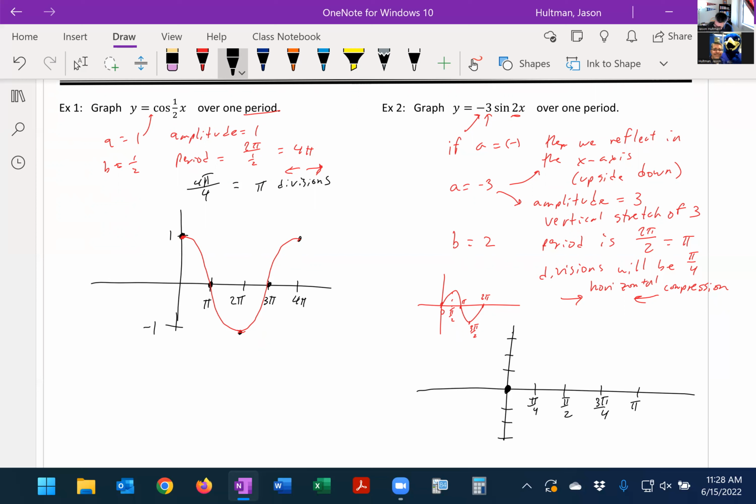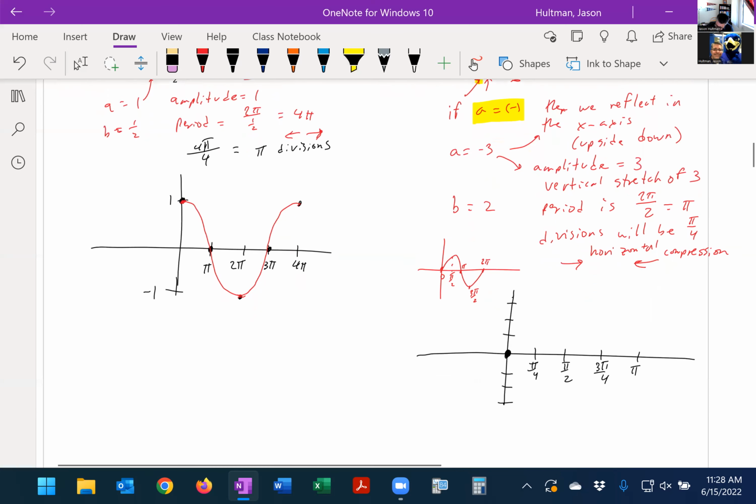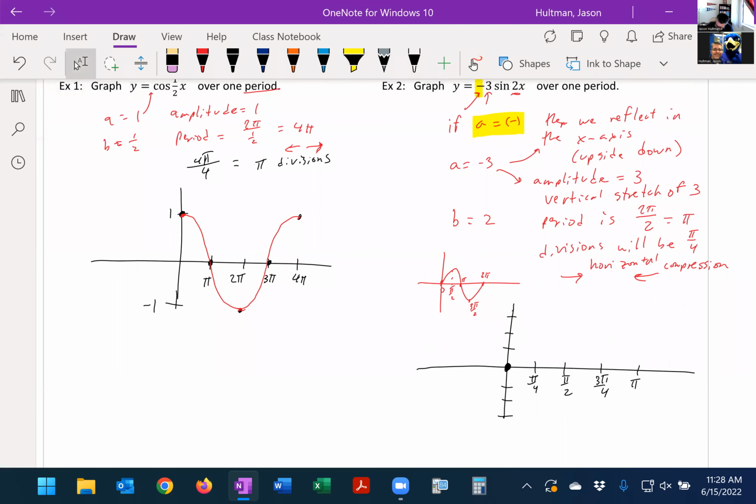Okay, so now to get this serpentine, S shape, I would originally go up 3 for my amplitude at pi over 4. However, this negative right here tells me that instead of going up initially, I have to go down initially. So everything is upside down, like from Stranger Things.